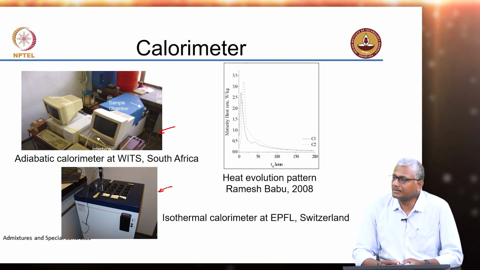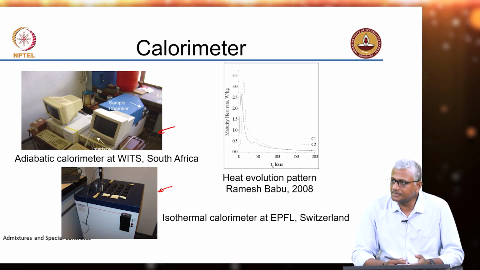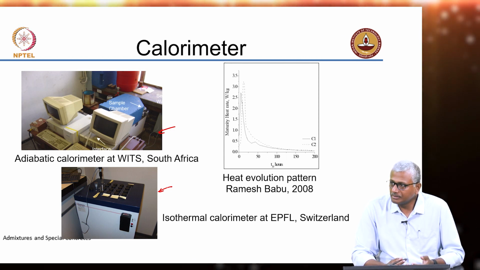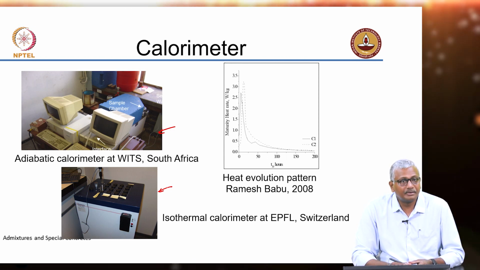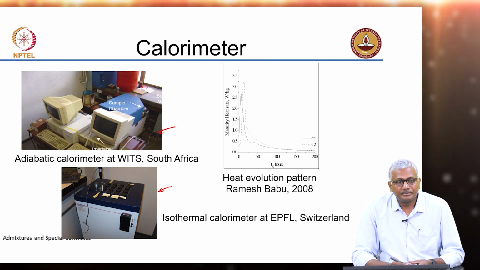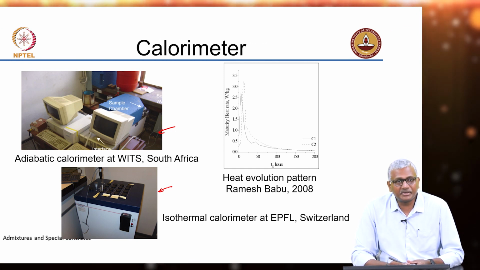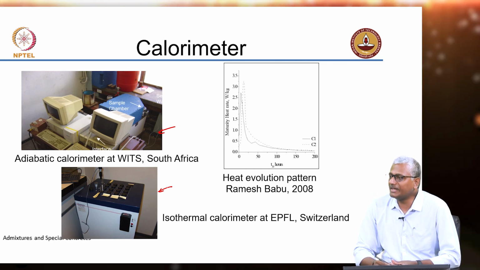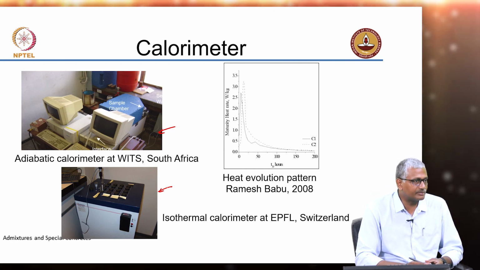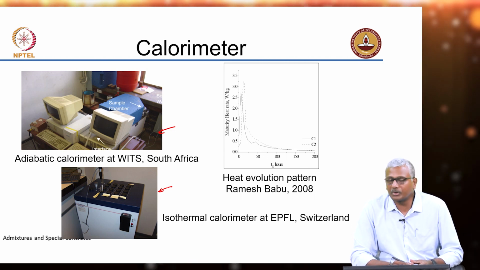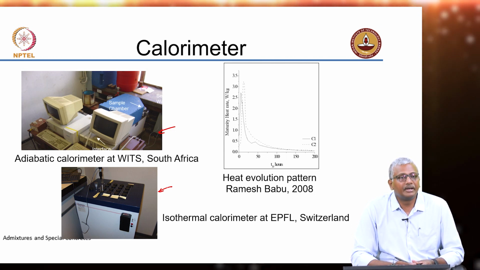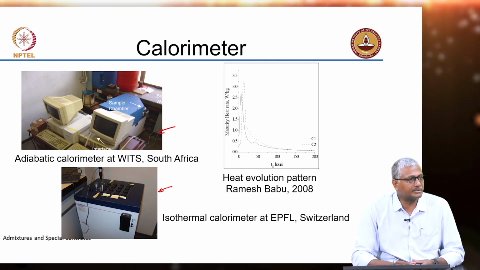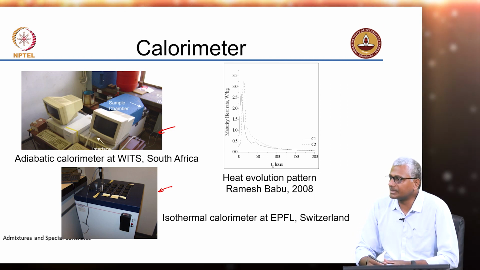Temperature difference between surrounding and the system is... no exchange of temperature. How can you exchange temperature? Heat, yeah. No exchange of heat between the system and its surroundings. That is adiabatic condition. What is isothermal? Constant temperature, right. The system is maintained at constant temperature.